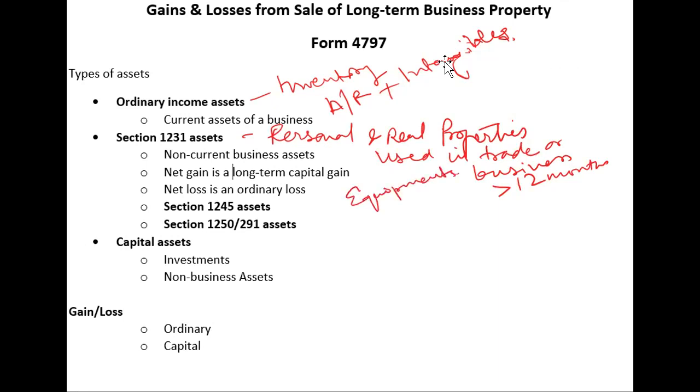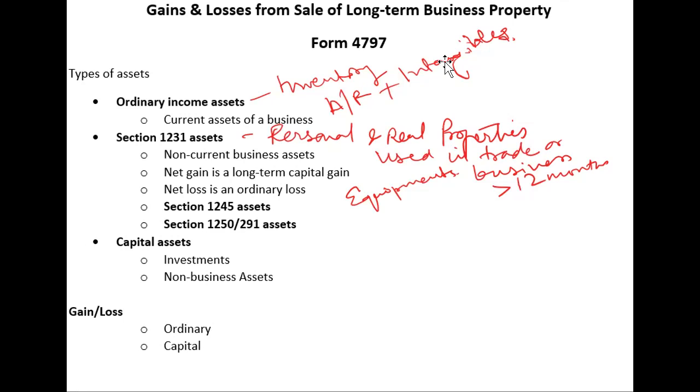So yeah, and then these include basically the depreciable assets and land. So land is not a depreciable asset, but it is included in section 1231 assets. So basically all the plant, properties and equipments.